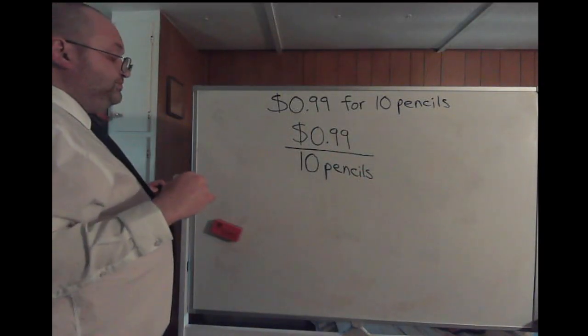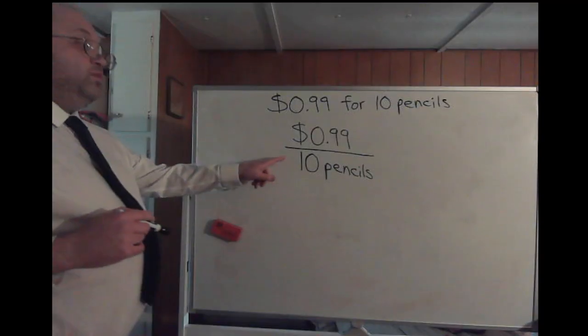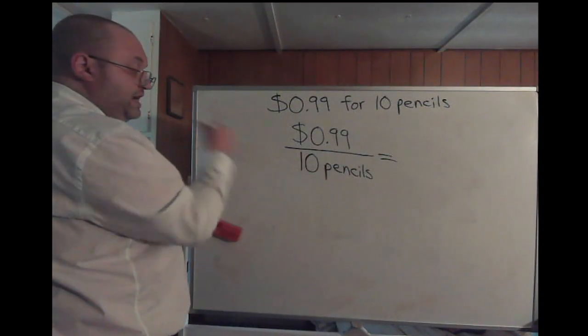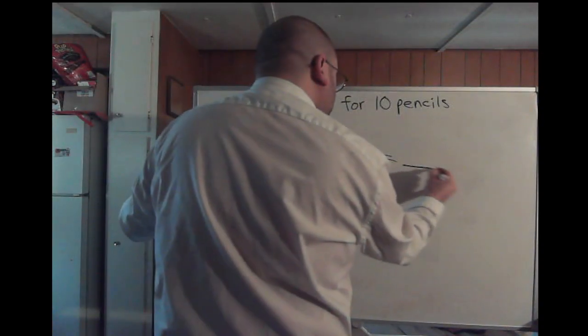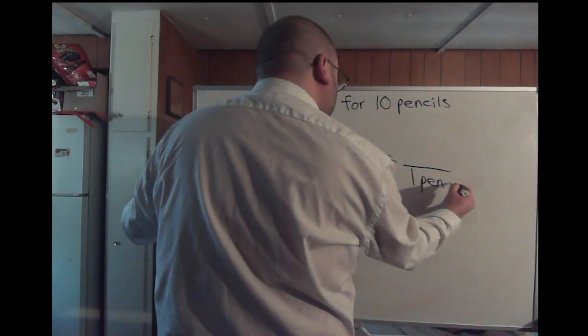Alright, well, we have the rate for 10 pencils. We want to find the rate for 1 pencil. Well, if we want to find for 1 pencil, we got to divide the denominator by 10. 10 divided by 10 is 1, so you get the price for 1 pencil.